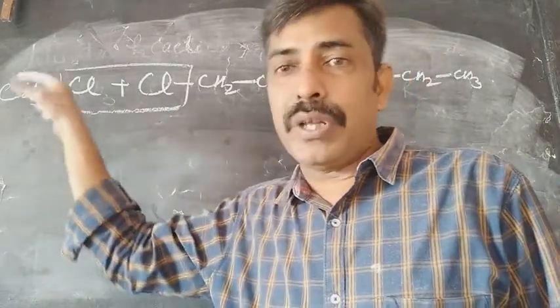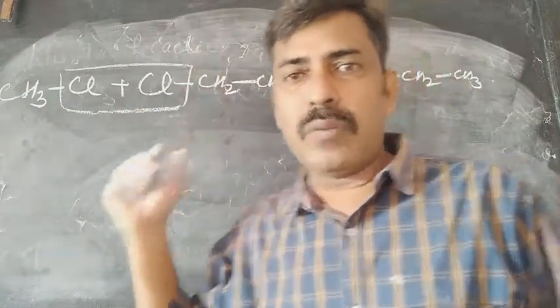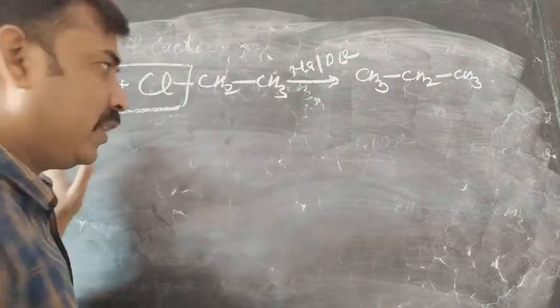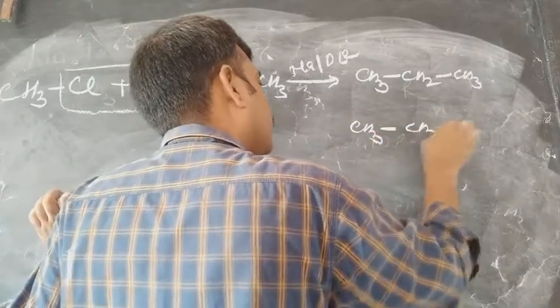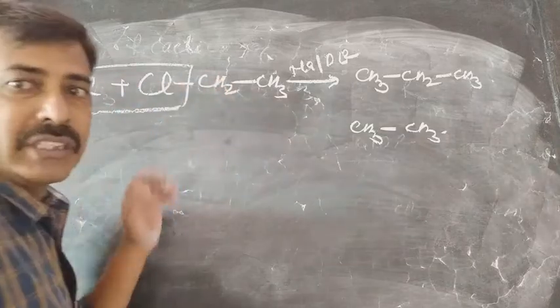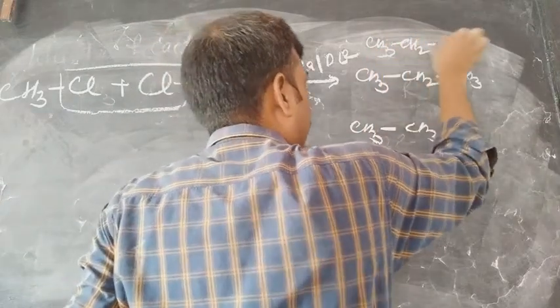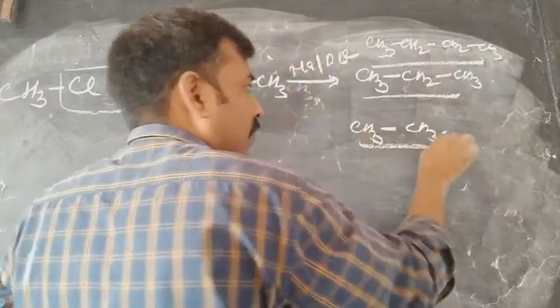Chloromethane can combine with itself, or chloroethane can also combine with itself. Then what will be the product? If chloromethane combines with itself, it will form CH3 single bond CH3, that is ethane, and if chloroethane combines with itself, it will form CH3CH2 combined with CH3CH2, that is butane.